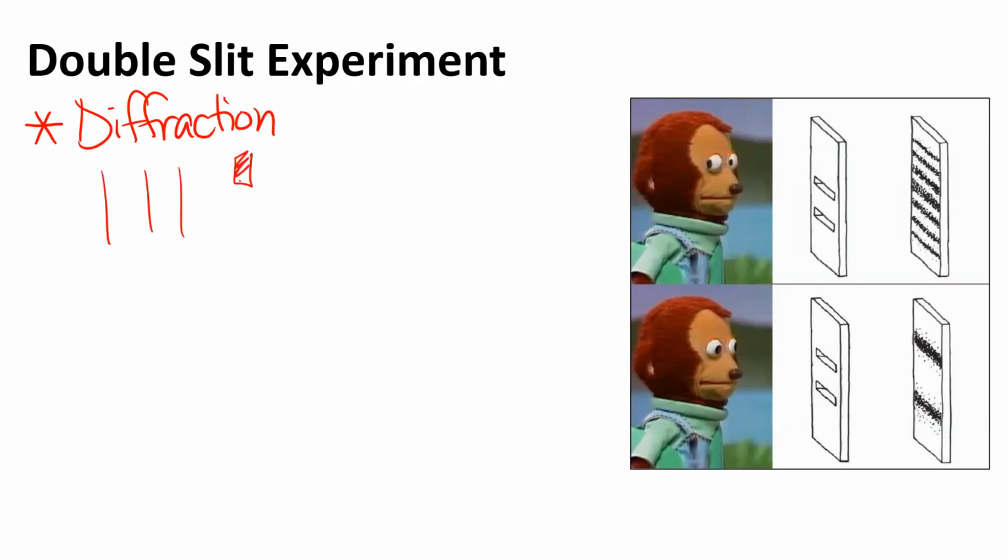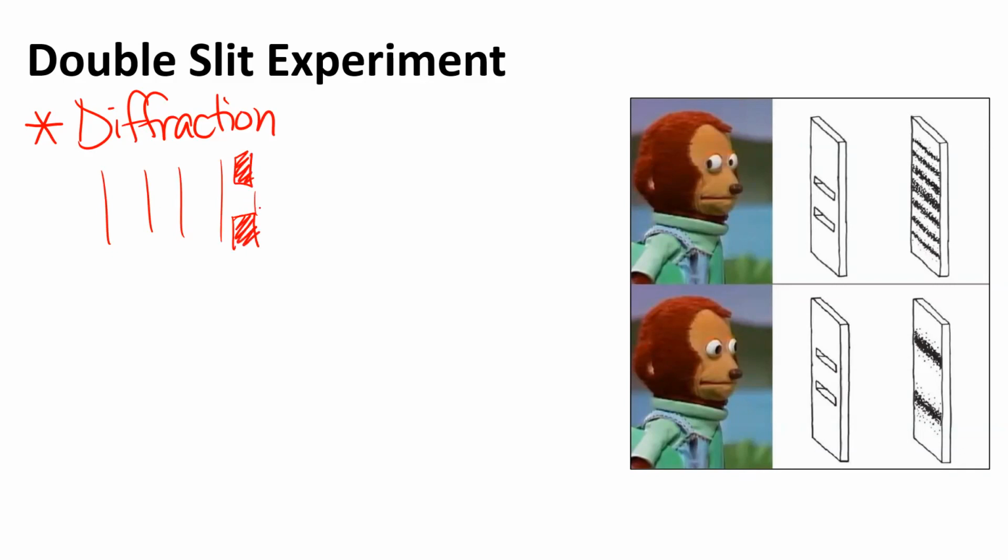The first thing is what happens with the double slit experiment is there are two properties of light that happen at the same time, and they're both wave properties. And so the first one is diffraction. As a review, diffraction is whenever you've got waves of some kind going through a small opening, like so.